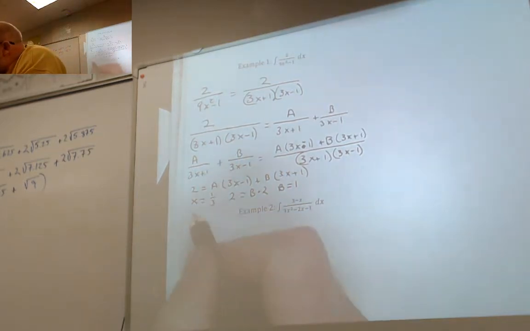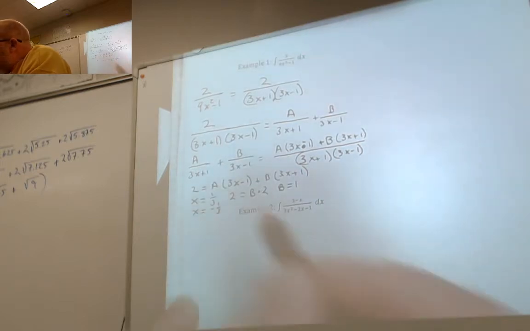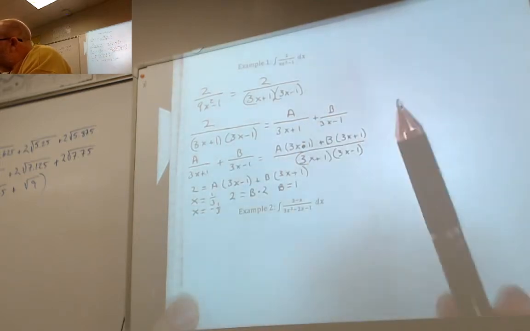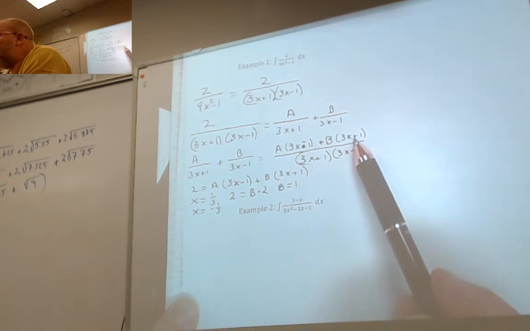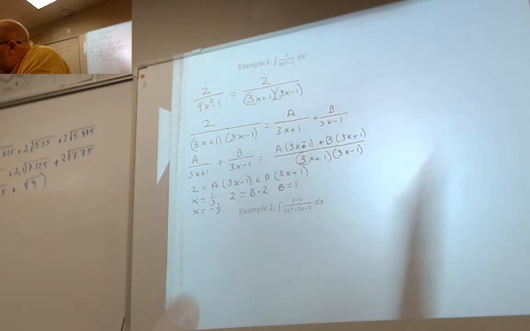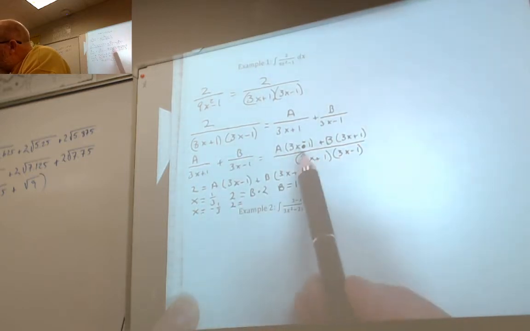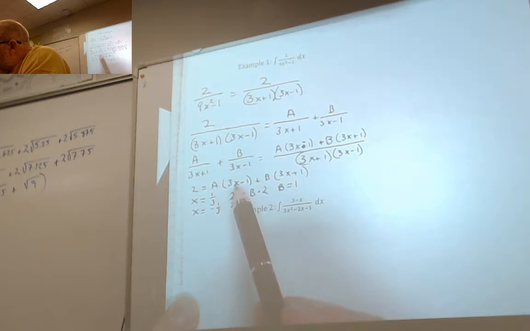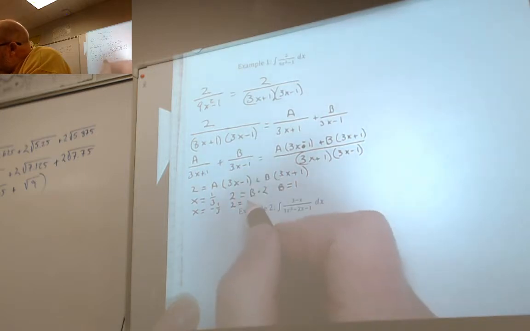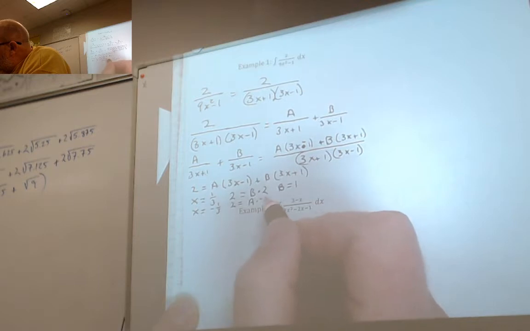Then I'm going to choose a negative 1/3. Why am I choosing a negative 1/3? Because that makes this 0. And I'm going to get 2 equals. Now if I put a negative 1/3 in here, I'm going to have 3 times a negative 1/3 minus 1. And so I'm going to have a times a negative 2.